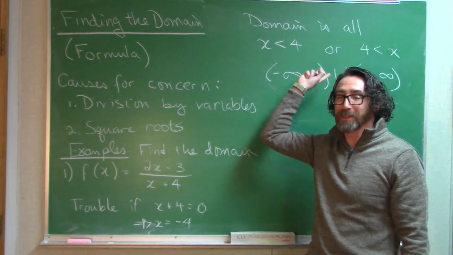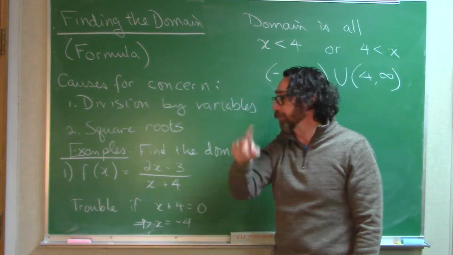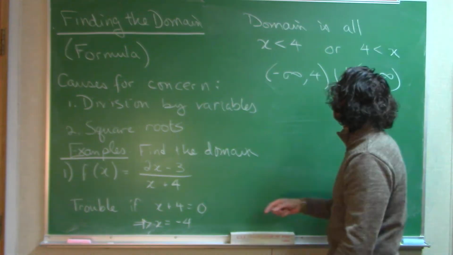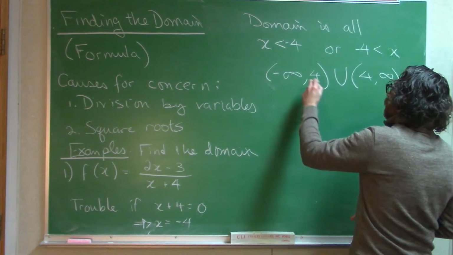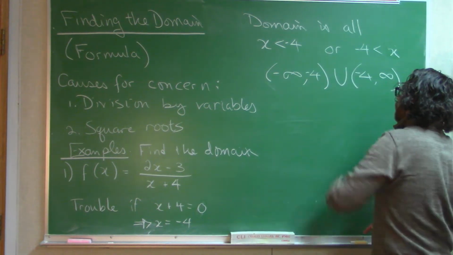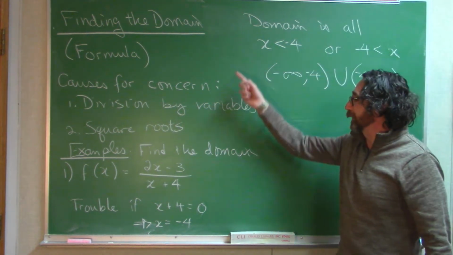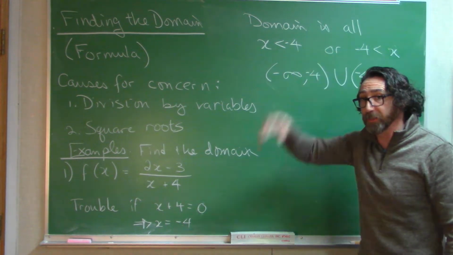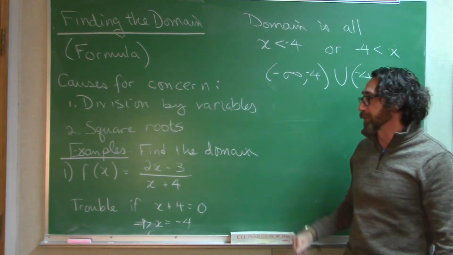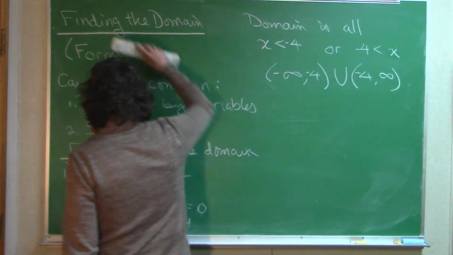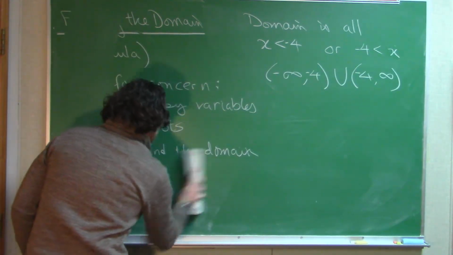Your domain is everything else. So here there's only one thing that's excluded. Oops, it's negative 4, not positive 4. So let me put the negative signs right in there. We can use any x value less than negative 4, we can use any x value bigger than negative 4, we just can't use negative 4. The interval notation for that would be right here. Let's do another couple examples.